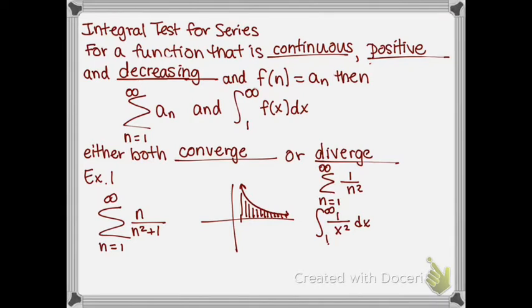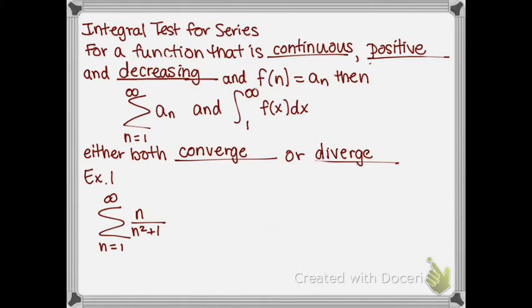And you probably remember from our study of improper integrals whether this converges or diverges. But if you don't, we'll revisit it in a little bit. But if this integral happens to converge, then so does the series. That's the basic concept of the integral test.